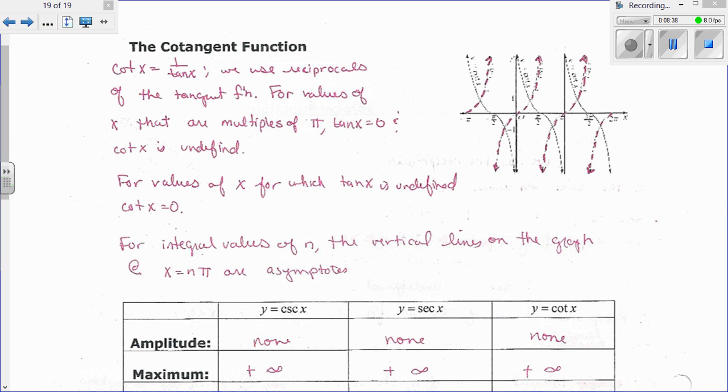The tangent curve is the one that is dotted on the graph, and the cotangent is the one that's just done in black. So they are reciprocal functions again. So tangent is always increasing, cotangent is always decreasing.